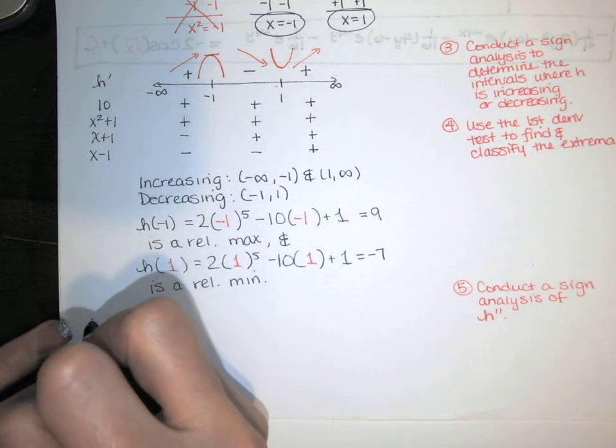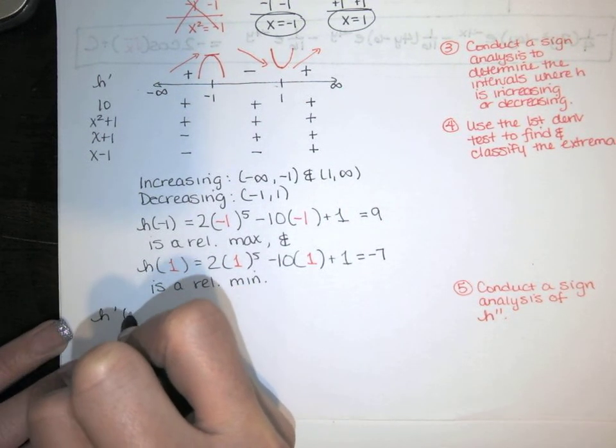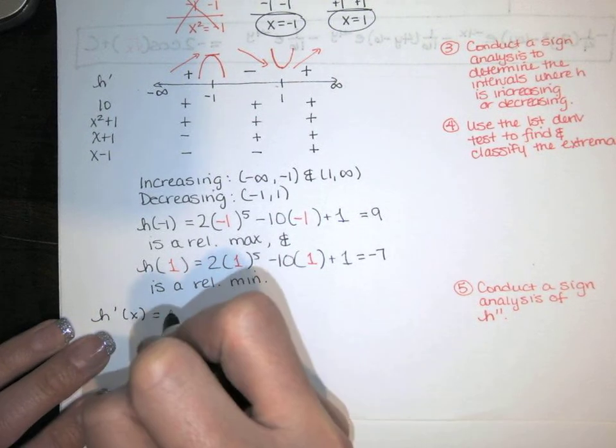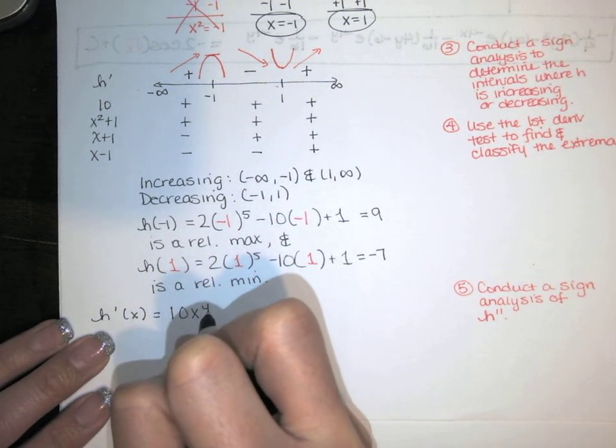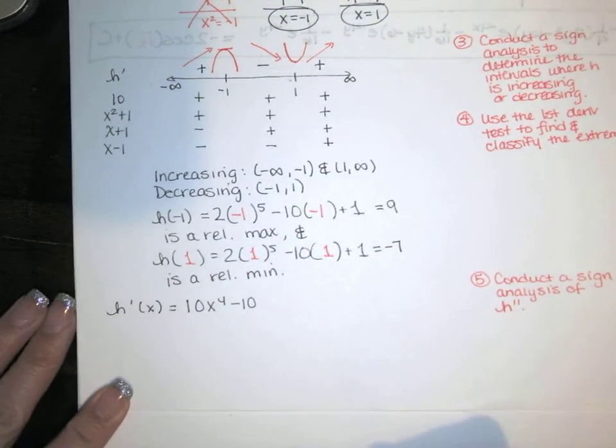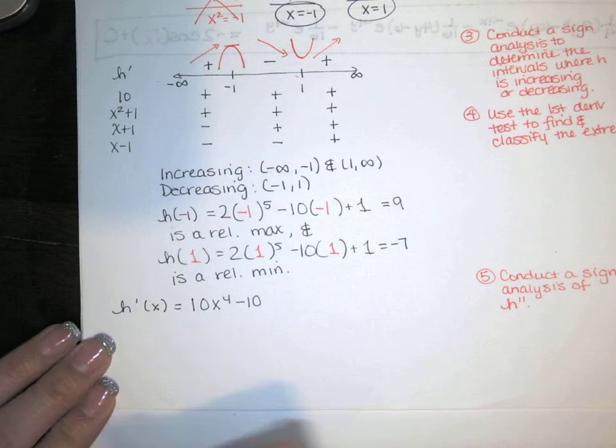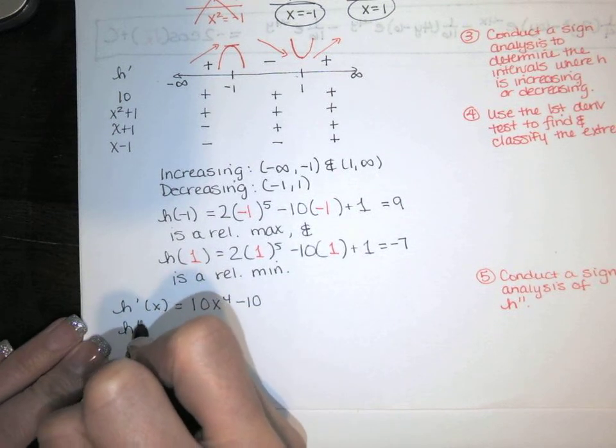Pretty much the same thing. Now h prime was 10x to the 4th minus 10 before we factored. That's the version I want to start with when I'm taking the second derivative.